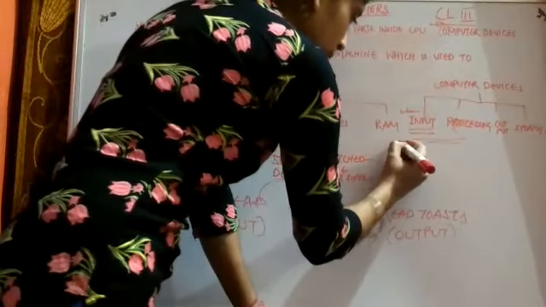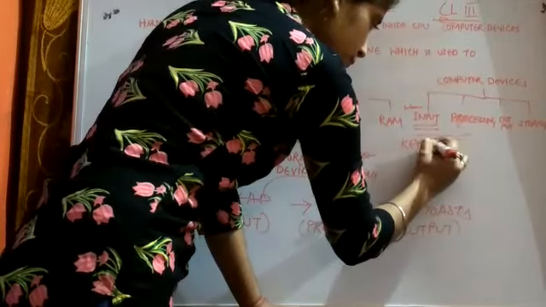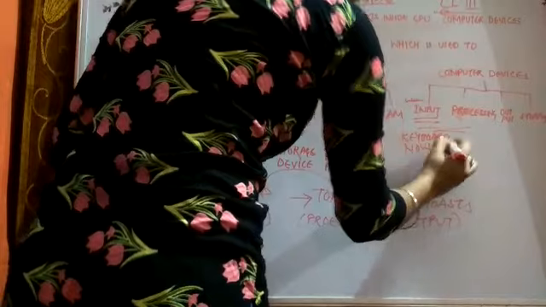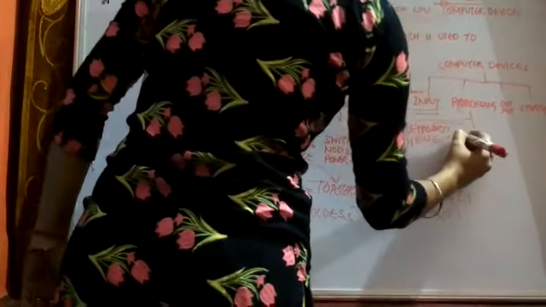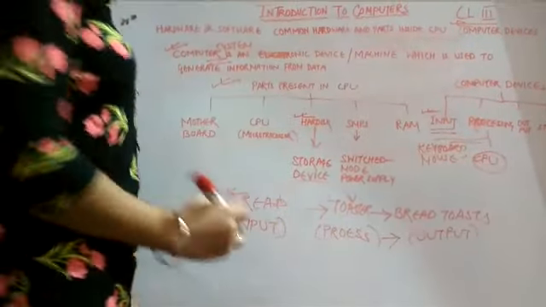So input devices are those devices that are used to give instructions to the computer. We can give examples like keyboard and mouse. Next, the processing device, which processes the data. So what is the processing device? The processing device is the CPU, Central Processing Unit, as the name states. P stands for processing. Okay.